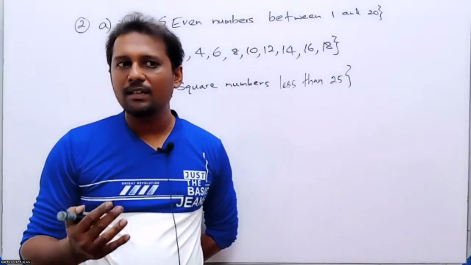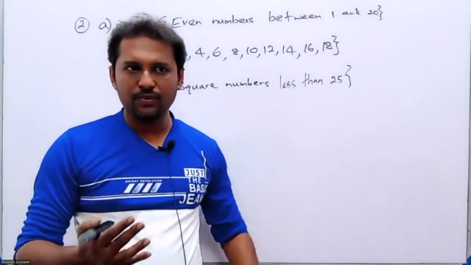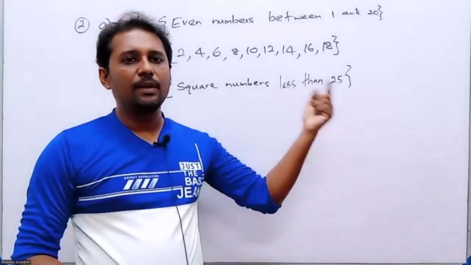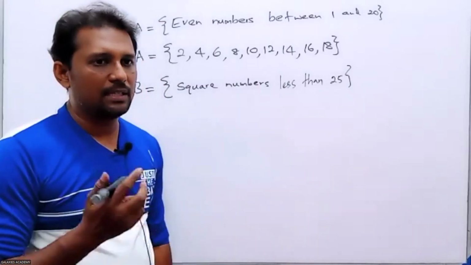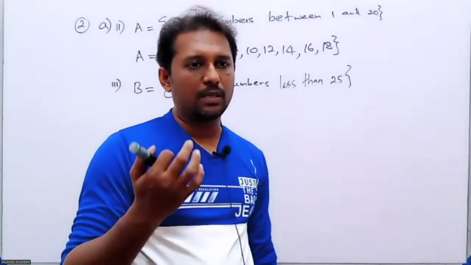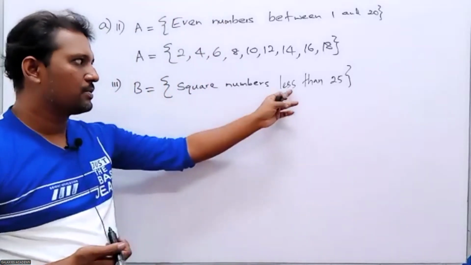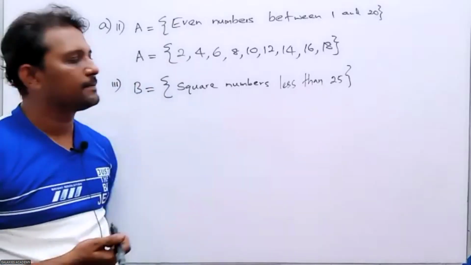But you can't write less than 26, right? If you write it, then 25 also belongs to it. But this one has only 1, 4, 9, and 16, okay? Right. You can write a suitable value like this.